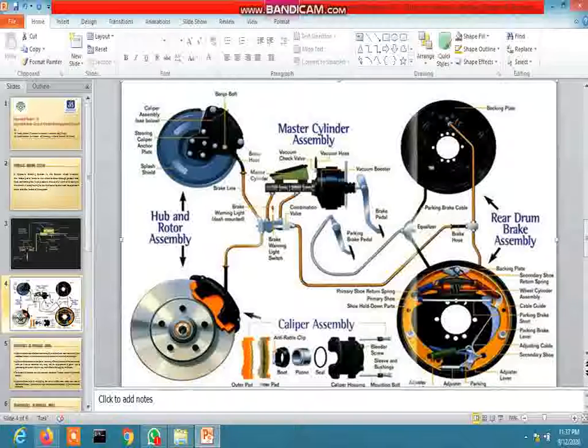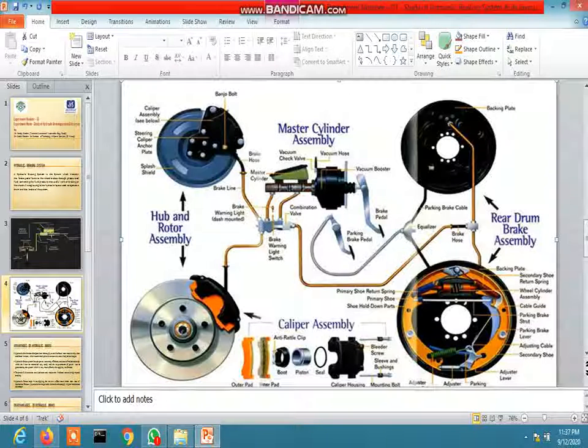Nowadays brake fluid used is DOT 3. Some luxurious or modern cars use DOT 4. Some European cars you might have seen use DOT 4.